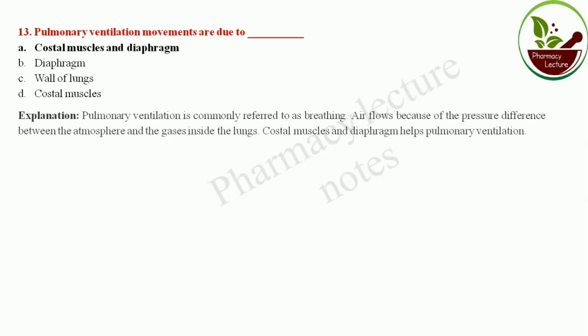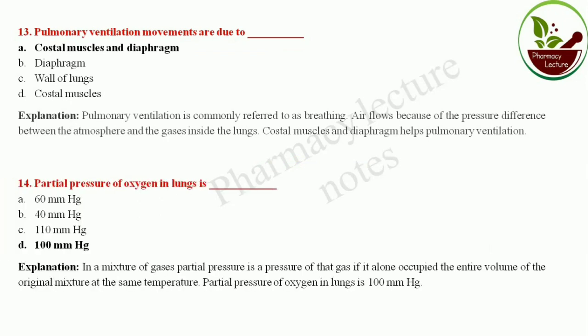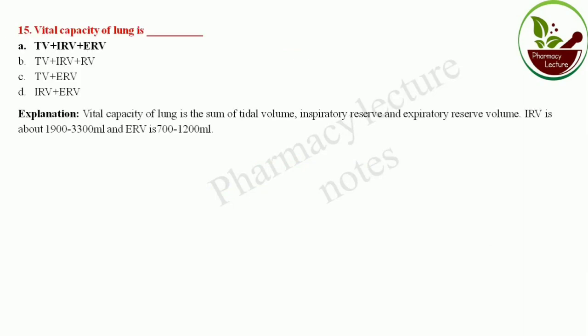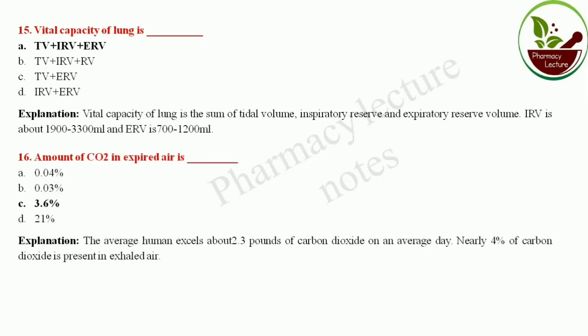Both these muscles are involved in expiration and inspiration, or pulmonary ventilation. Then partial pressure of oxygen in the lungs is 100 mmHg. Vital capacity of the lungs is tidal volume plus inspiratory reserve volume and expiratory reserve volume. Amount of carbon dioxide in expired air is 3.6%.